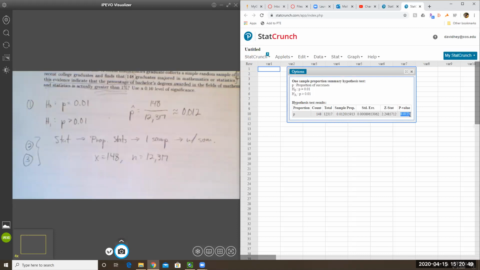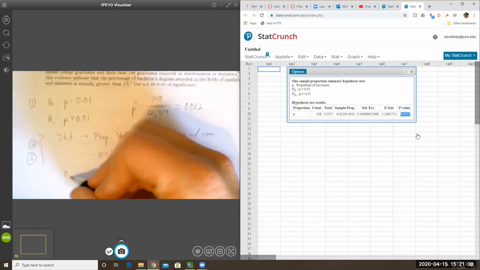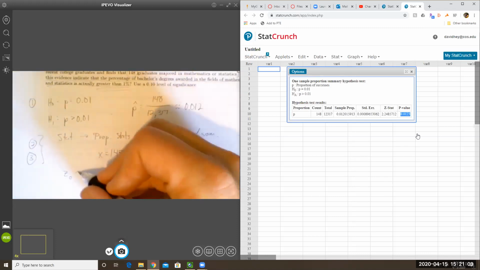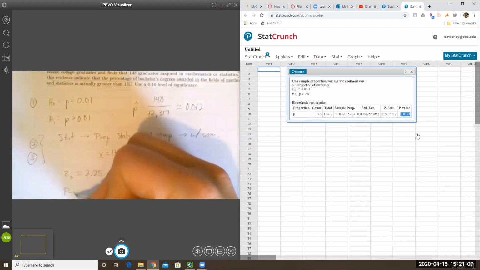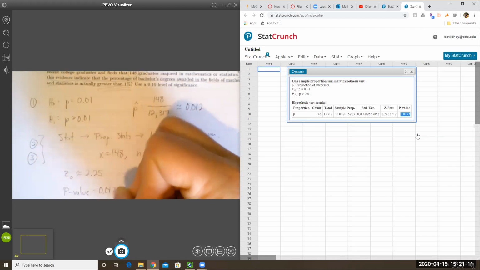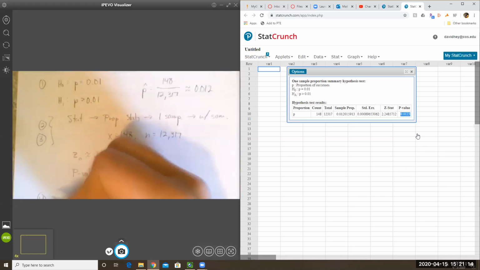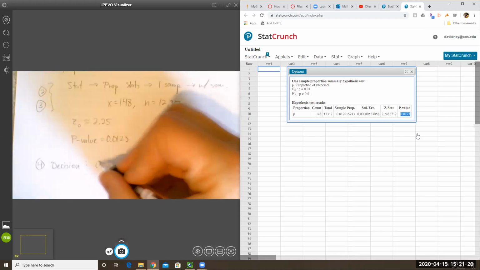Okay, so there's our p-value. Our test statistic was about 2.25, and our p-value was 0.0123. We can compare our p-value to alpha now to make our decision.